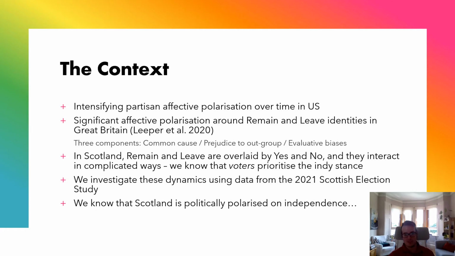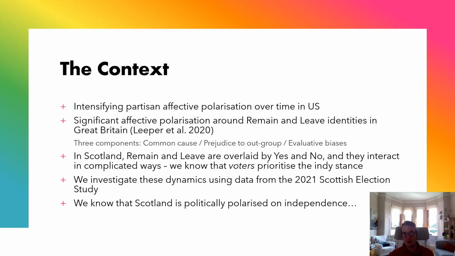The research has jumped into Europe in recent years with substantial affective polarisation around Remain and Leave identities rather than parties, found in Great Britain in a paper last year by Leeper and Co. They also contributed theoretically by identifying three aspects of affective polarisation, which are common cause with the in-group, prejudice towards the out-group, and evaluative biases. So these tendencies creep into the way that people view the world.